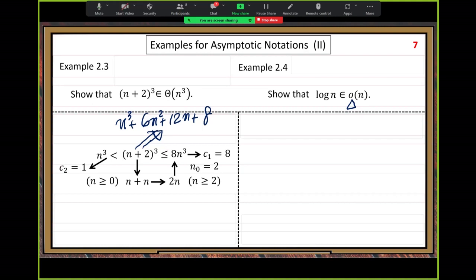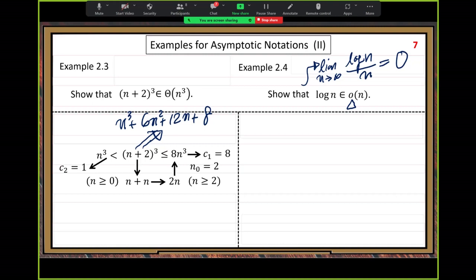When you use little o, you can only use the limit way. So we need to consider the limit as n goes to infinity of log of n over n. We want to show this limit equals 0.